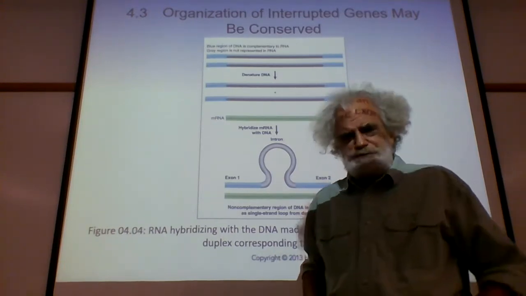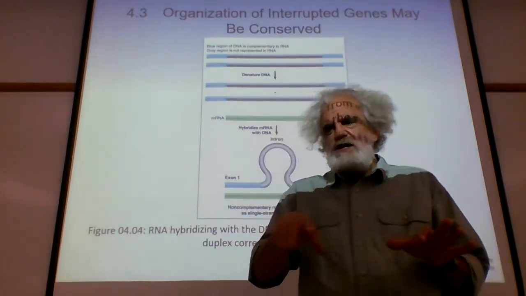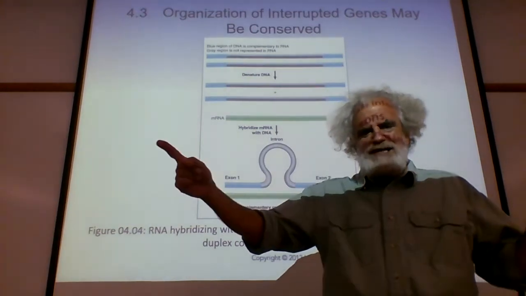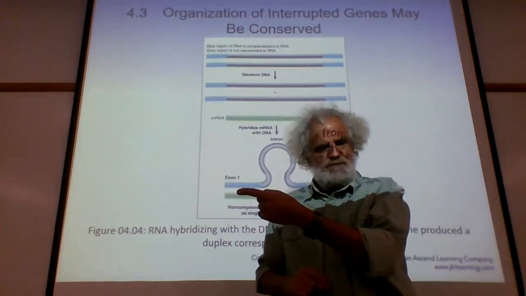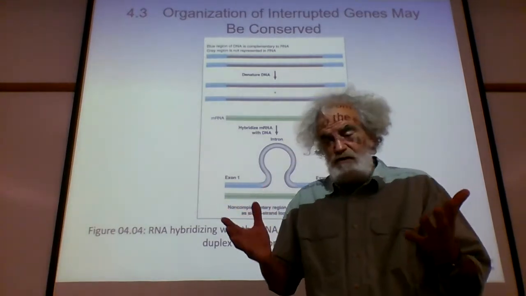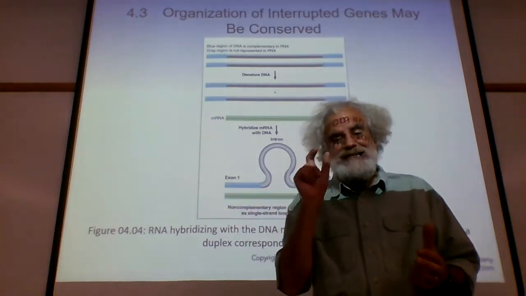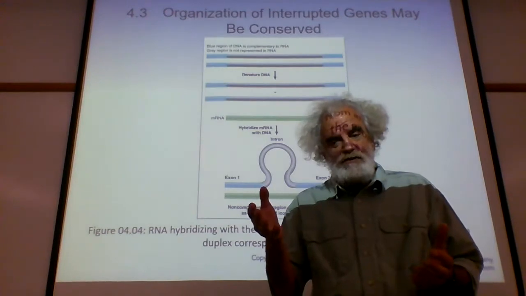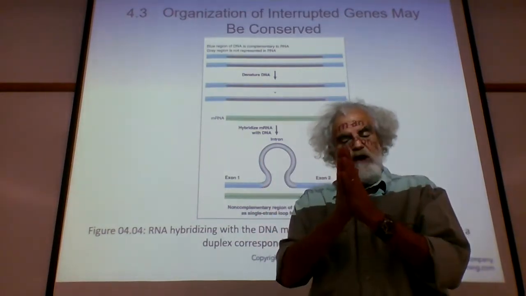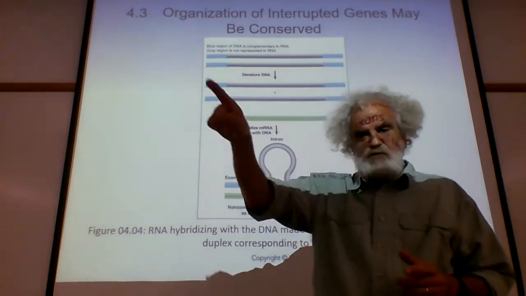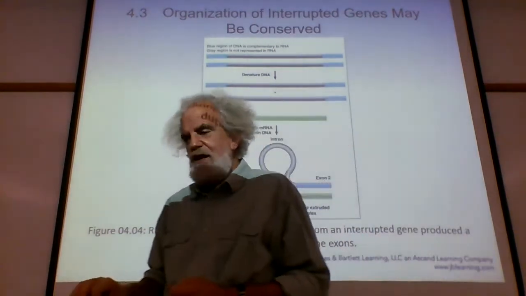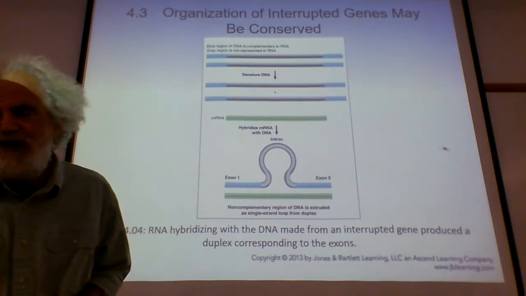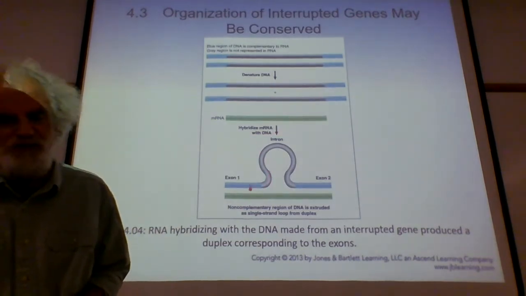What you would do is take the genomic DNA sequence and transcribe it. You can do this in vitro. You would then take the cDNA that you're working with, hybridize those two molecules together, and you'll get this loop structure, and then use RNase, which will degrade single-stranded RNA, but not double-stranded RNA.